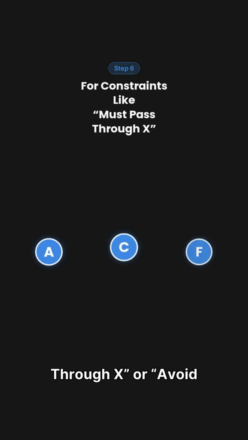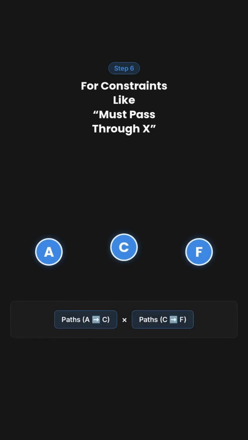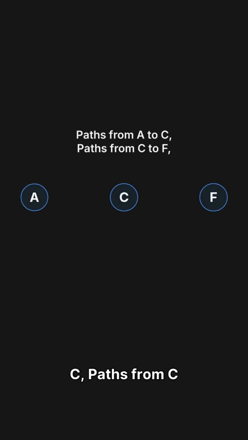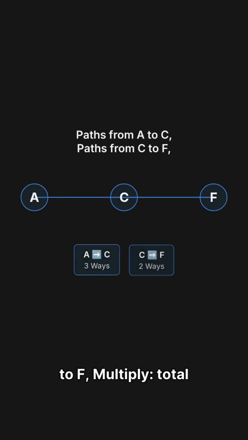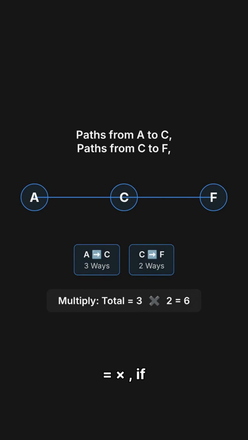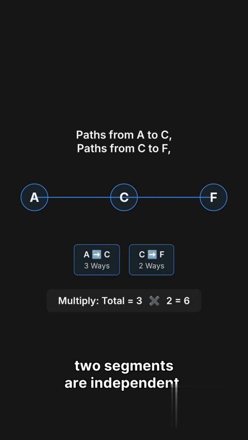Step 6. For constraints like must pass through X or avoid Y. Classic trick: if you must go from A to F and must pass through C, you can break it into paths from A to C and paths from C to F, and multiply. Total equals m times n if the choices in the two segments are independent.